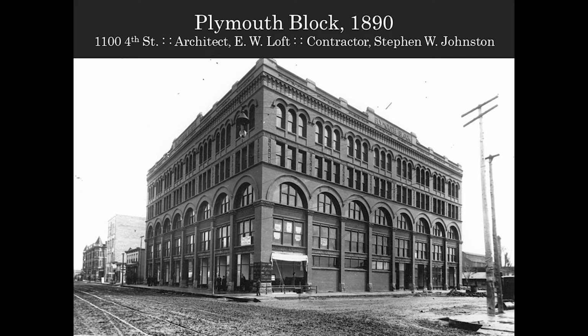This building is really starting to begin a totally new era of architecture, which is Sullivanesque, which is emerging at this same time in 1890 in Chicago by architect Louis Sullivan. So E.W. Loft was really right on in the upper tier of architects as he was practicing what was going on in much larger leading cities.